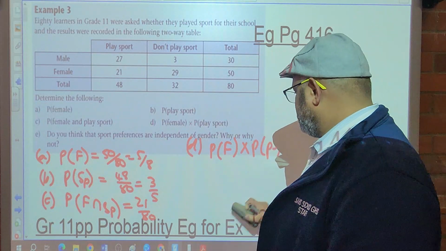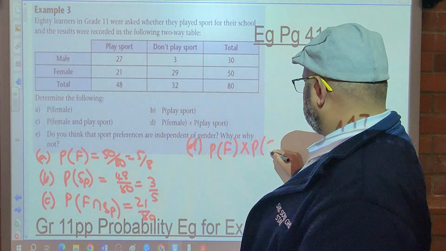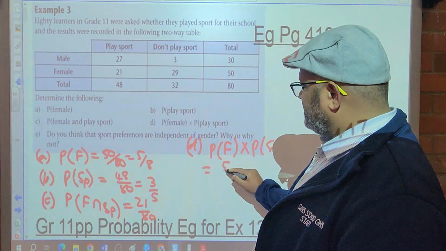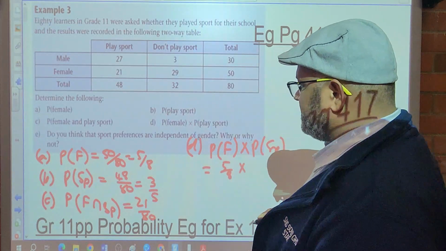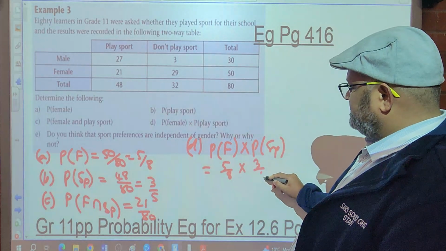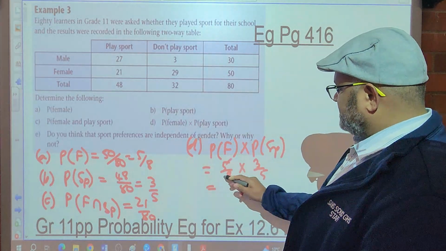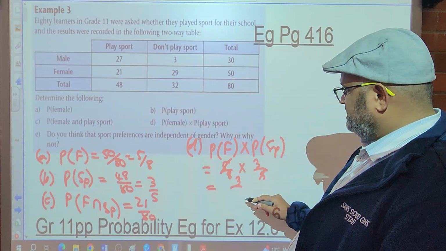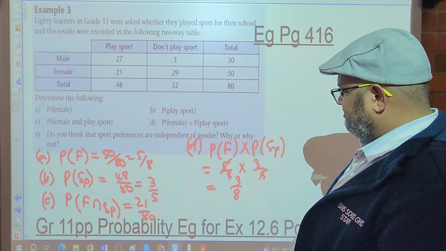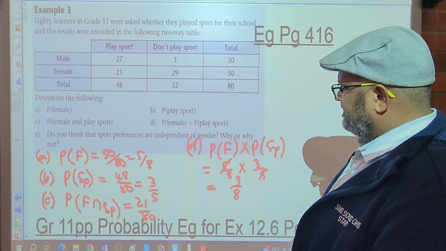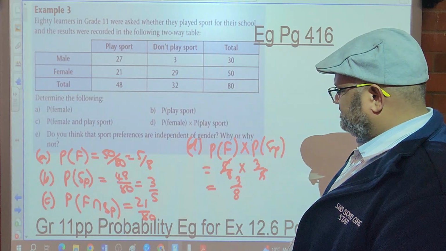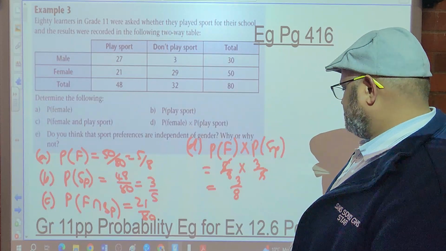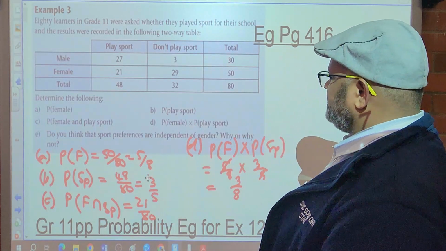Okay, sport. Alright, so female would have been 5 over 8 multiplied by play sport, which is 3 over 5. That cancels, not so, so leaves you with 3 over 8. Is that correct? Okay.